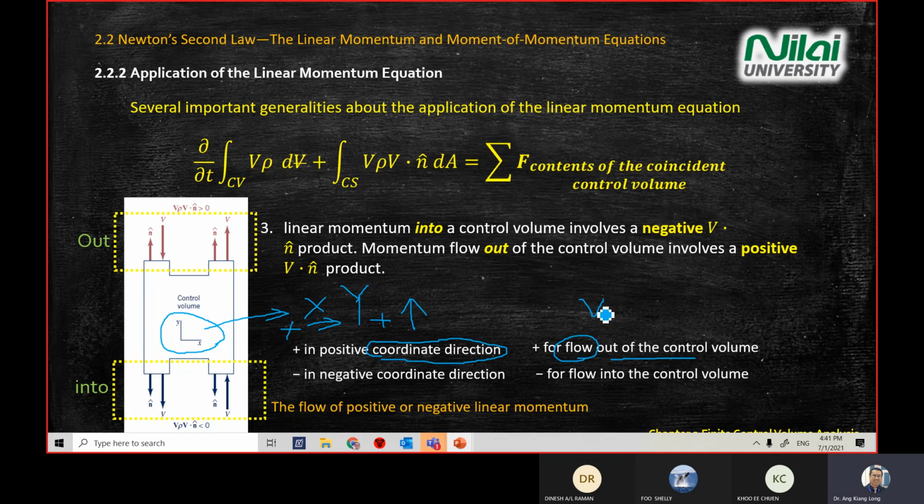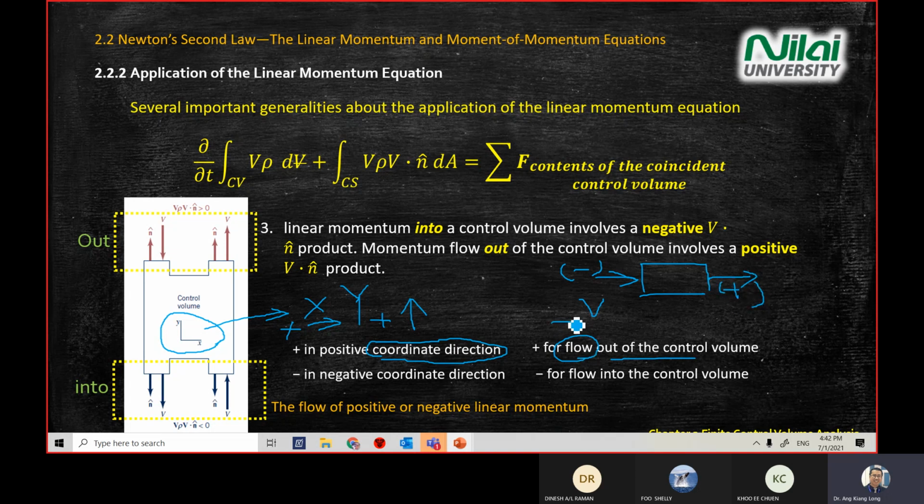If the flow is flowing into, let's say, a vessel, you get a negative sign. If the flow is flowing out, you get a positive sign for the flow.